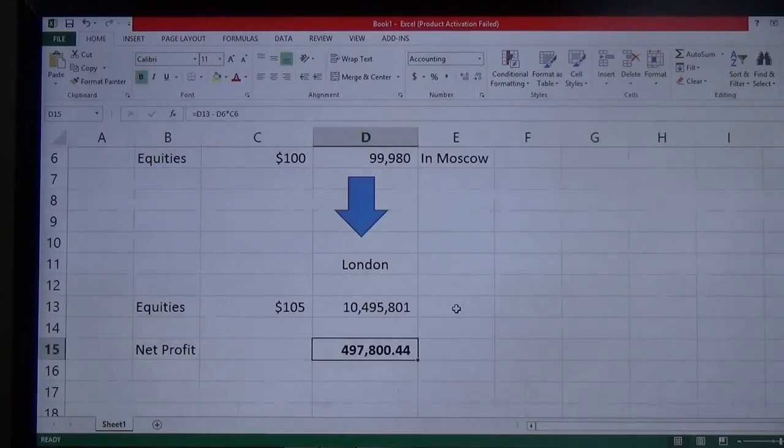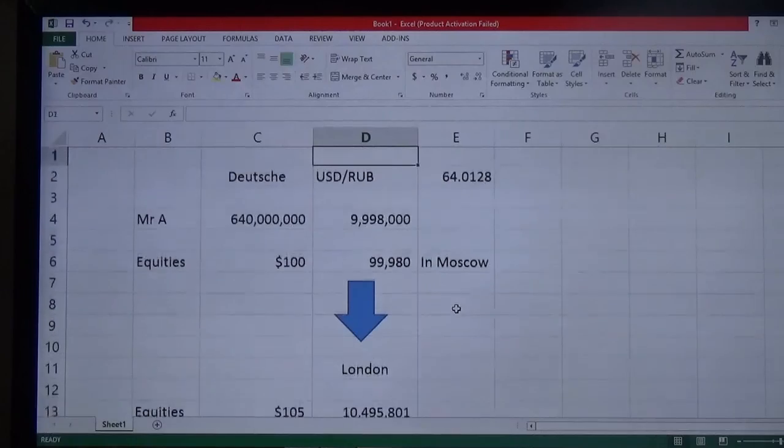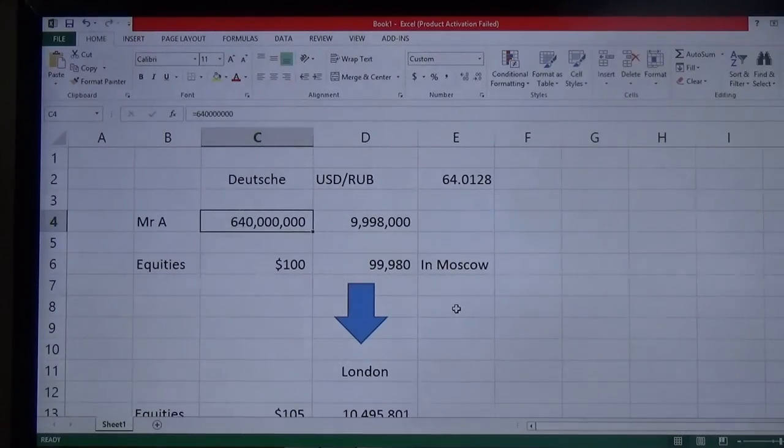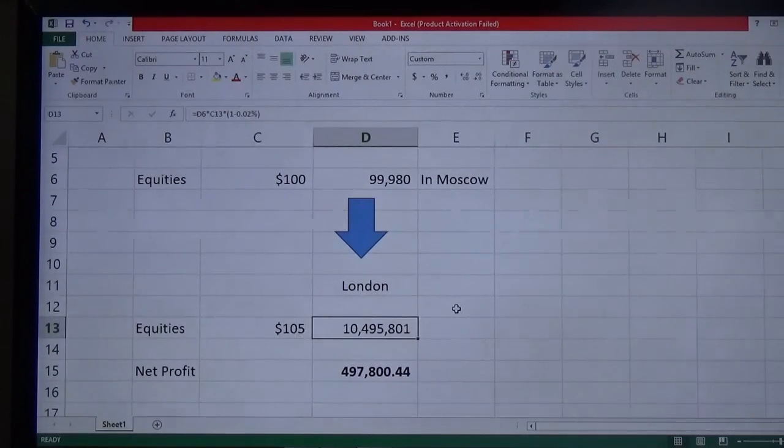This person is bothered about the conversion of Russian rubles into dollars, because he very well understands that sitting today in Russia, he cannot convert these rubles directly into dollars, and he can sell this in London. This is how the one paisa swap would happen in mirror trading, and this is two-way mirror trading.